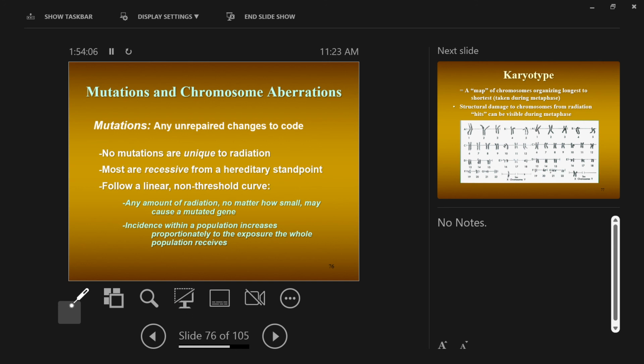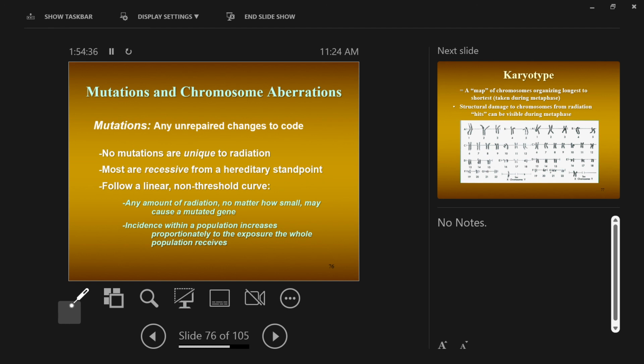If those mutate, there's not a big problem until down the line, in one of your offspring, that mutated gene expresses itself. If it's a cancerous gene, we call them oncogenes, and those oncogenes can be recessive, and eventually one of your offspring expresses that gene and has that genetic defect.